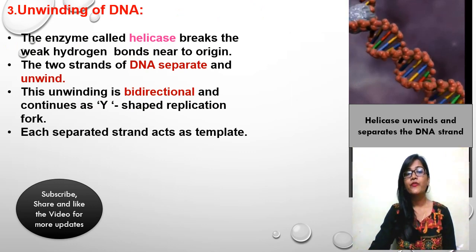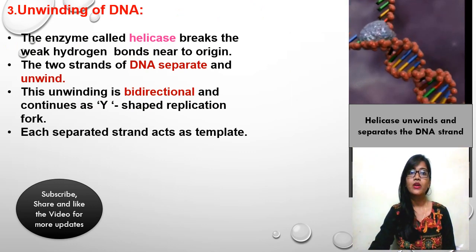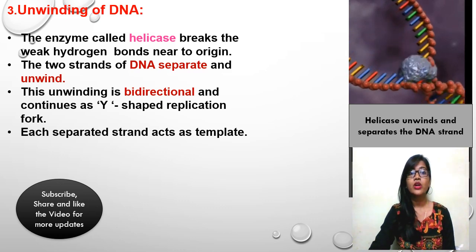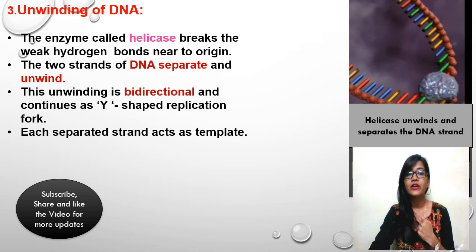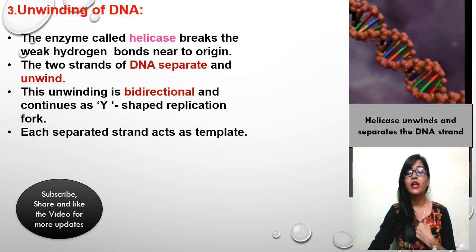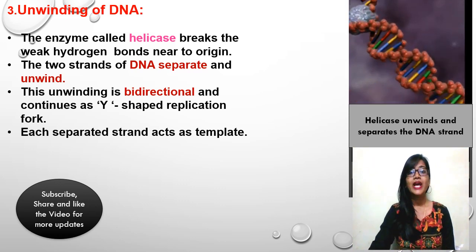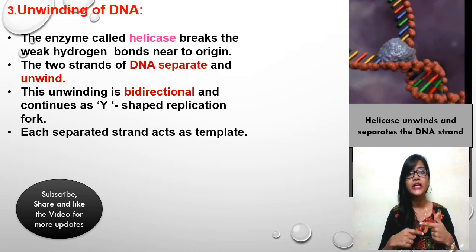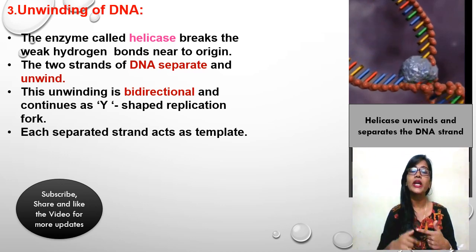The third step, which is very important when you are trying to understand the replication of DNA, is the unwinding of the DNA. As you can understand, the DNA double helix is a completely coiled and supercoiled structure.